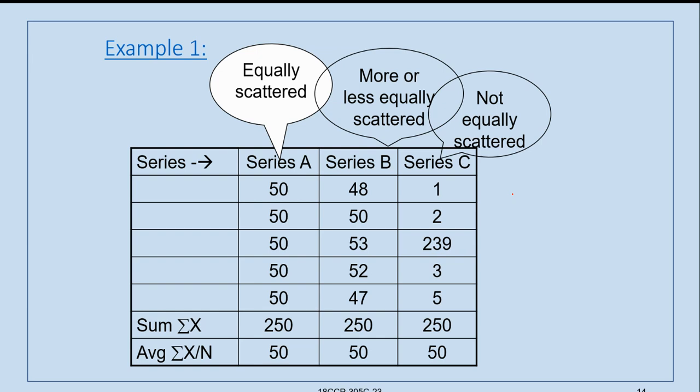If you observe the data given, you will understand that series A is equally scattered. That is, all the 5 numbers given are 50s. So they are equally scattered.